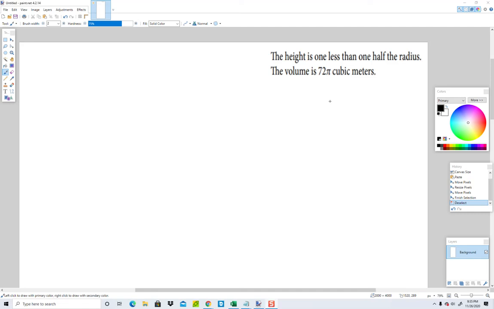Okay, the instructions in this problem are to find the dimensions of the right circular cylinder described. For a cylinder, use your imagination, I don't draw very well.